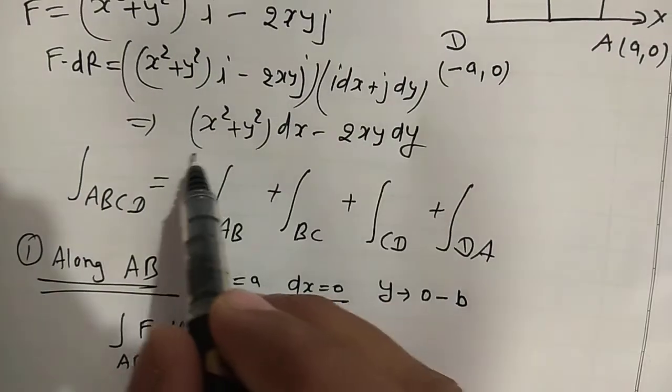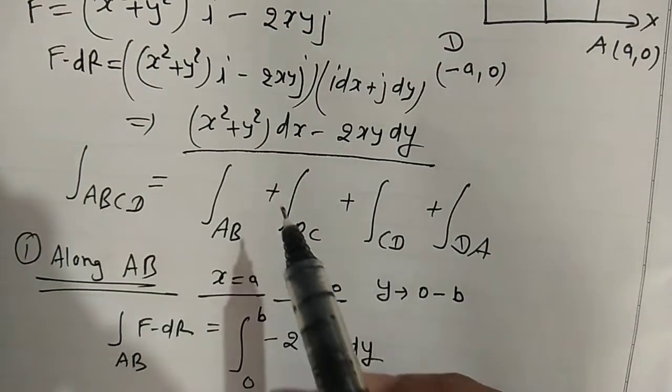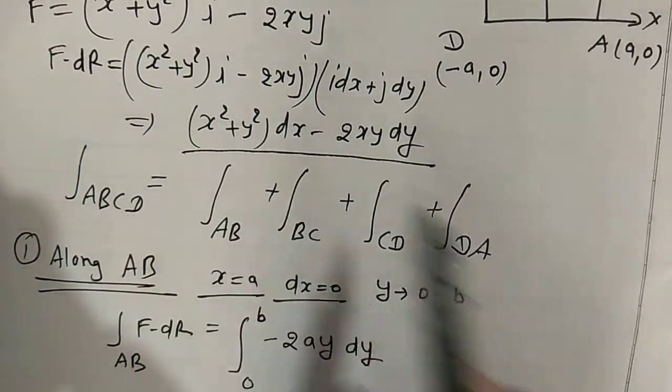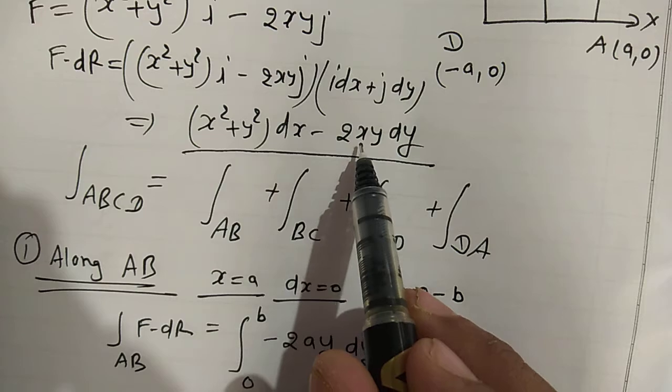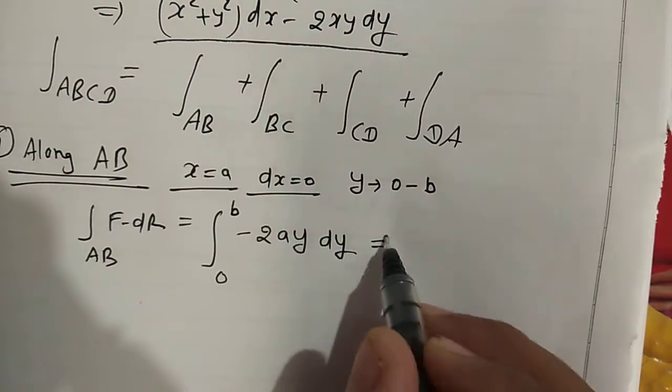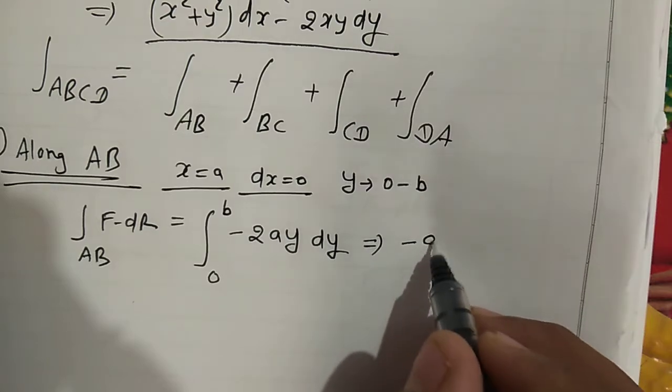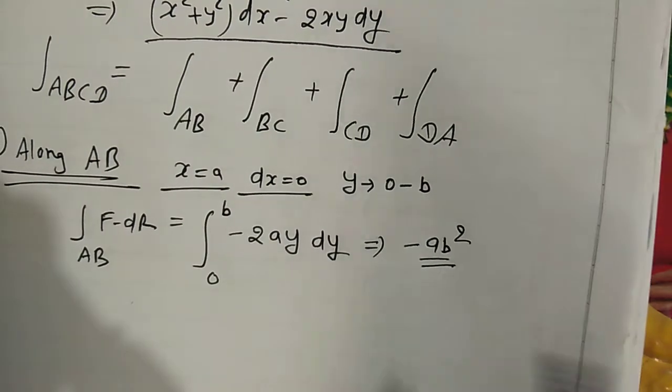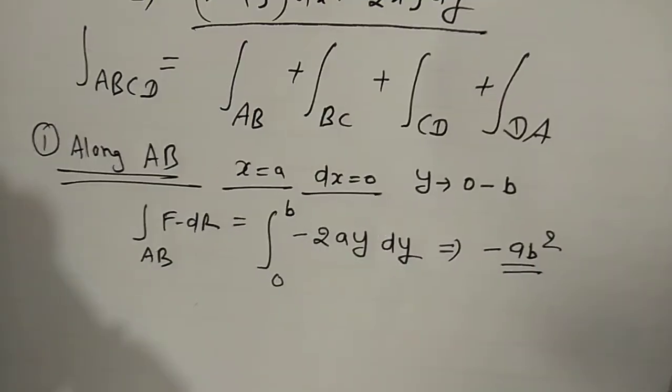So I have put x equal to a and dx equal to 0, so we got minus 2ay dy. And now if you integrate, we get minus ab square. So this is along the AB.